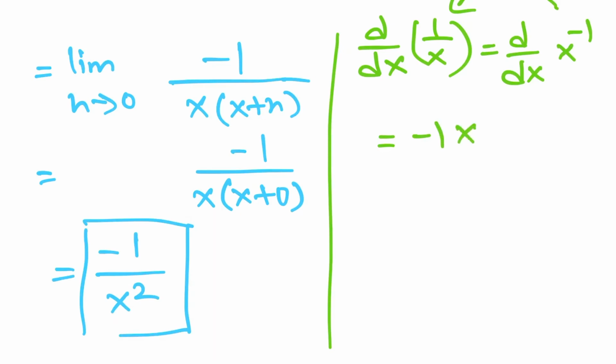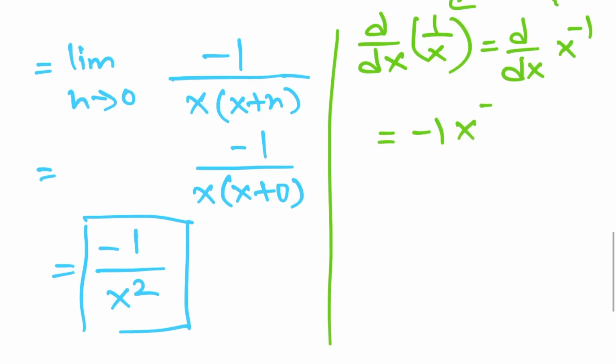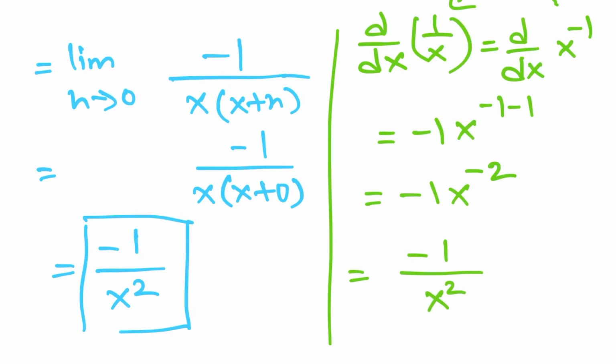Negative 1 comes in the front, x stays the same, and the power becomes negative 2. So that's going to give us negative 1 times x raised to the power negative 2, which can be written as negative 1 over x squared. And we found the same answer. So our answer is correct.